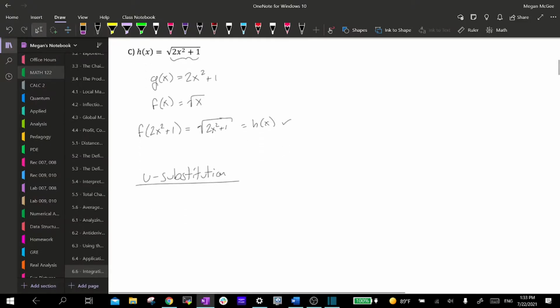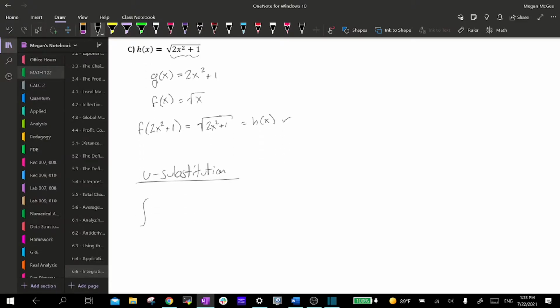Let's say we have the integral of a composition of functions, f of g of x, and let's say that's also multiplied by the derivative of g of x, dx. We want to make a substitution.